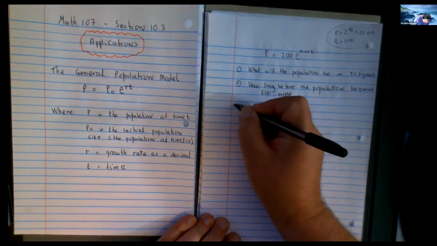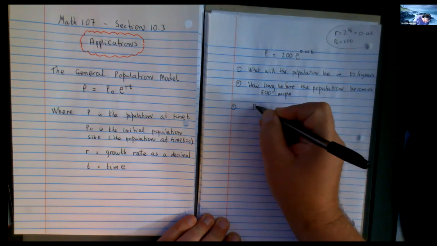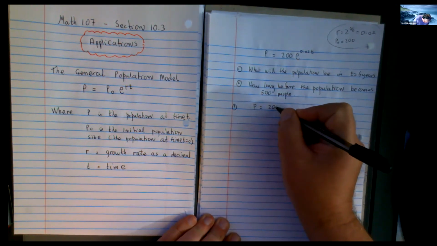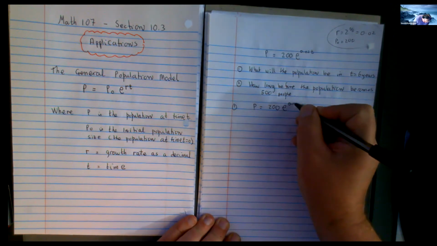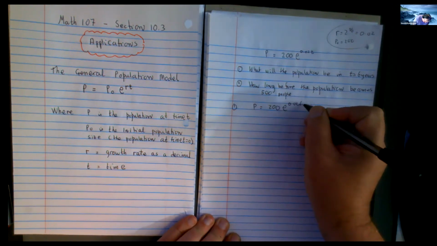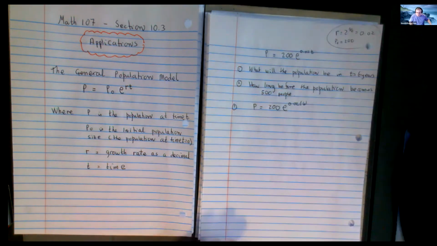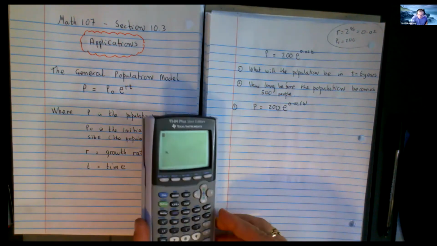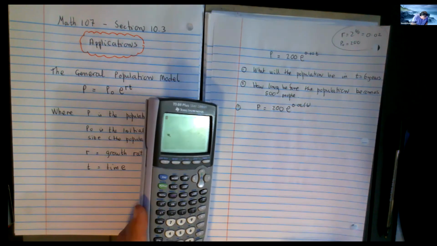Question 1 then. If you want to know what the population is like in 6 years, you're essentially just going to calculate that guy. Right, so it's a plug and chug. So you have to kind of know where the buttons are in your calculator to do that. So I've got this one here, and it's 200.